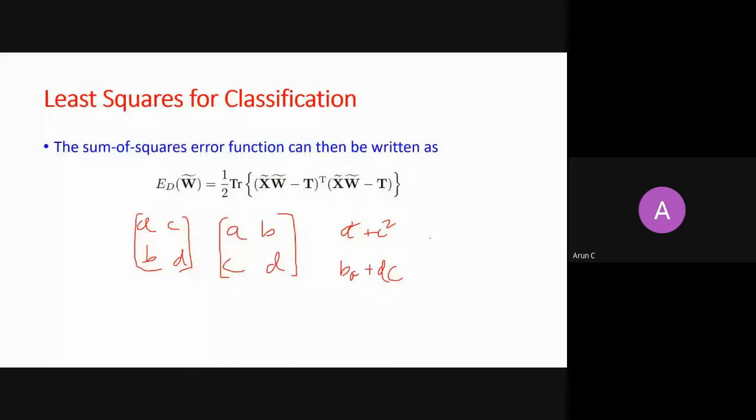For this you get AB plus CD. And then here you get B square plus D square, right? If you take the diagonal elements and add them, you get A square plus C square plus B square plus D square. This is a smart linear algebra trick where you're just adding the element squares of a given matrix, right?